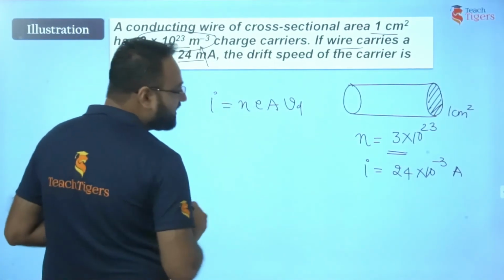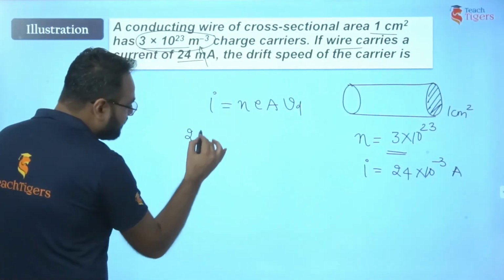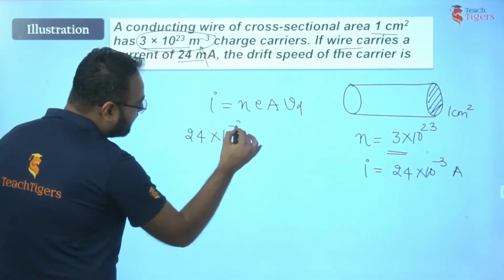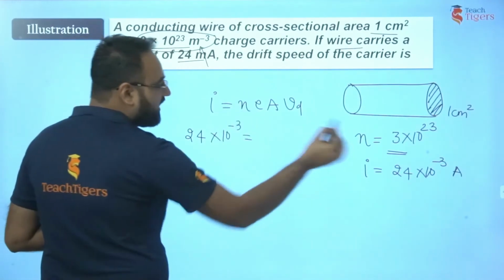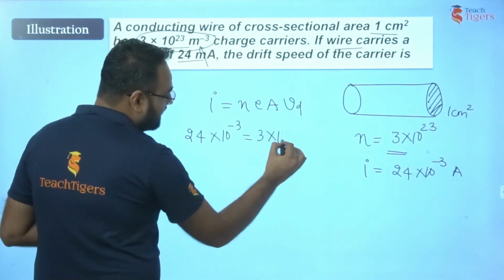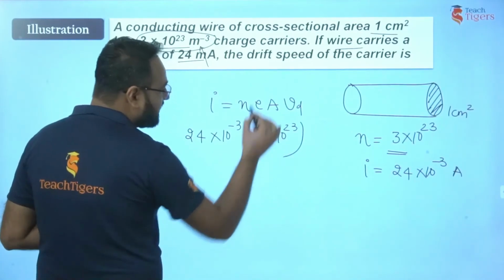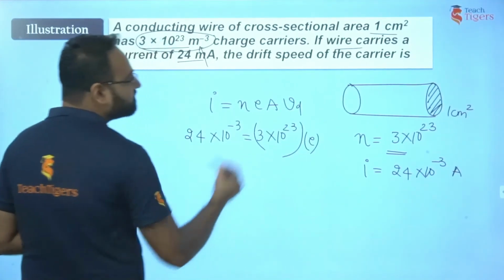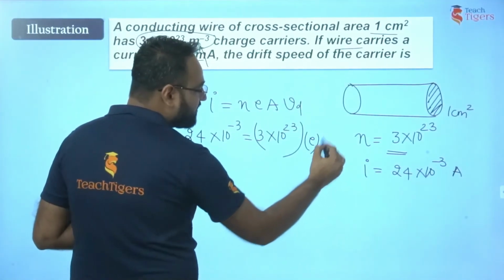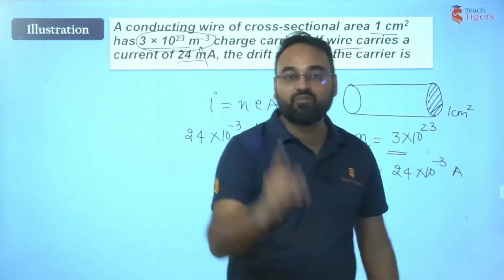So I is equal to NEA VD. What is current? It is 24 into 10 raised to the power minus 3. This is equal to N, which is 3 into 10 raised to the power 23. Then charge on electron. Then area. Area is 1 centimeter square. Again, you have to convert it to meter square.